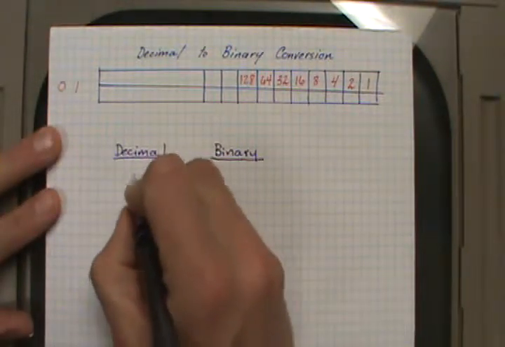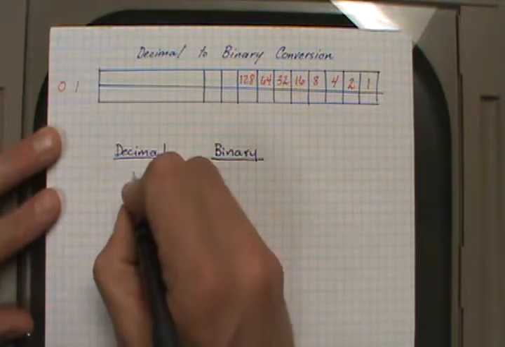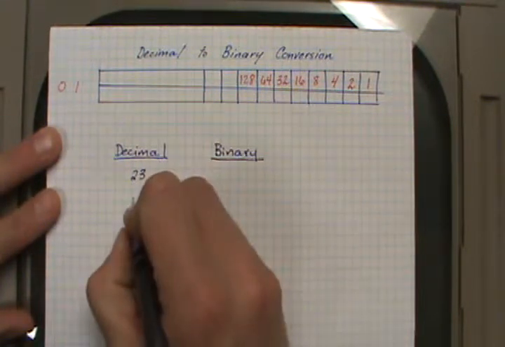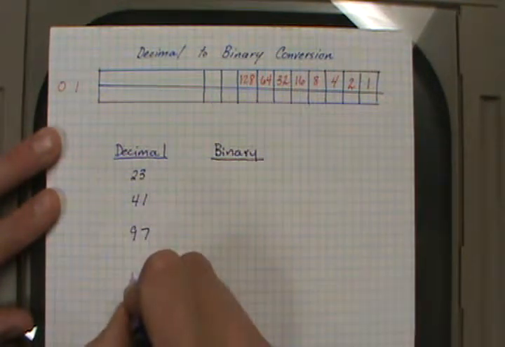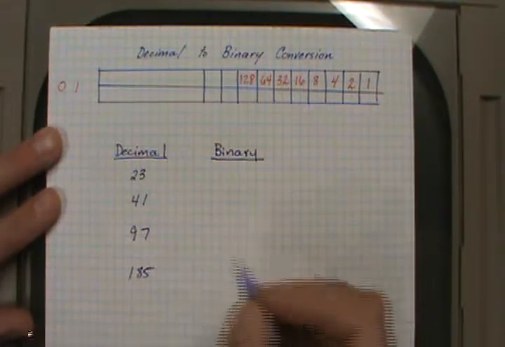We'll start off fairly generically. Let's start off with 23. Do one at 41. Let's do 97 and 185. Okay.